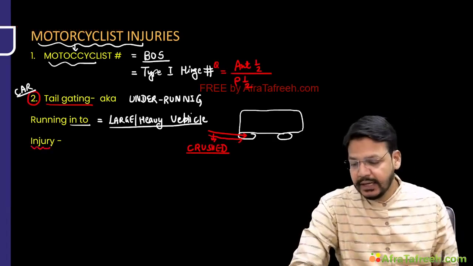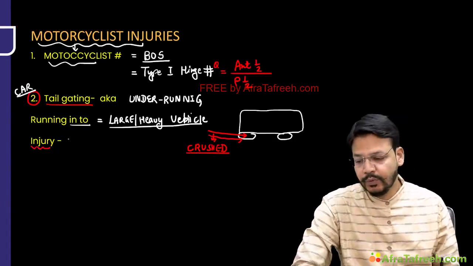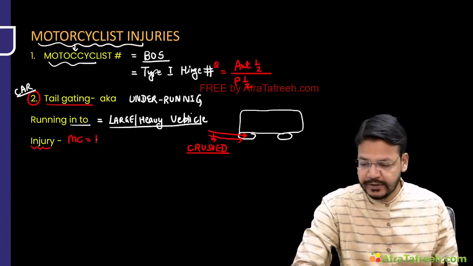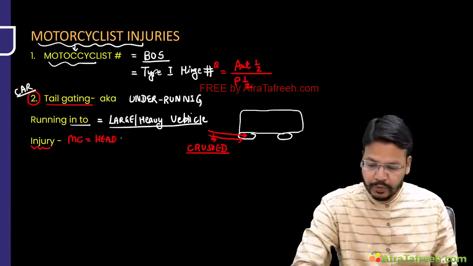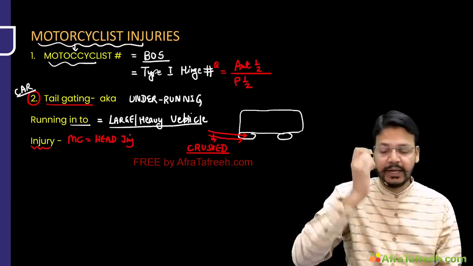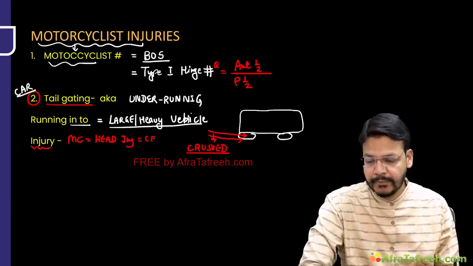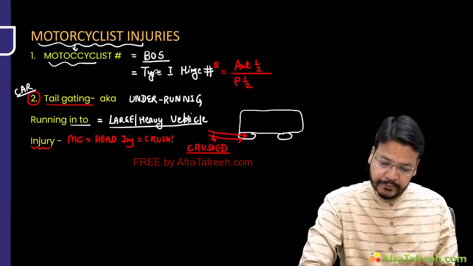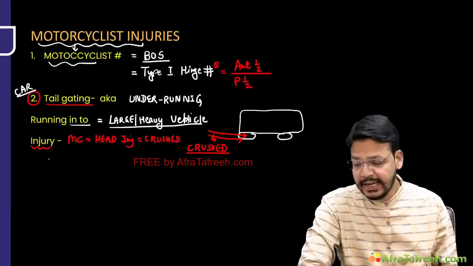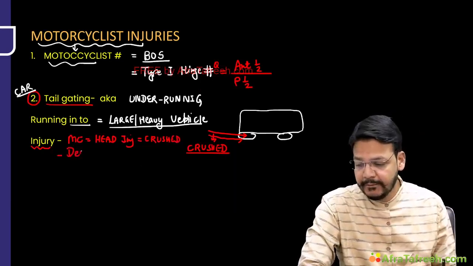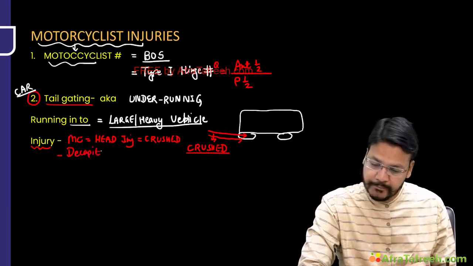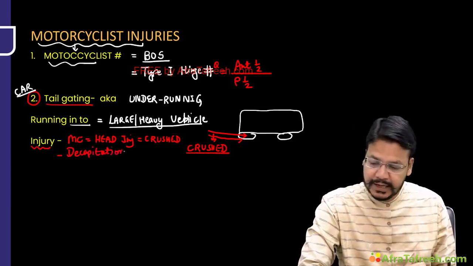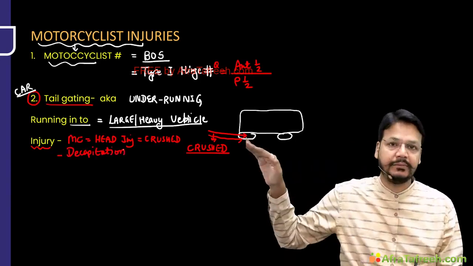My dear friend, in underrunning there are many injuries. The most common injury is head injury. The head is crushed, and sometimes it can even lead to decapitation, removal of the head.